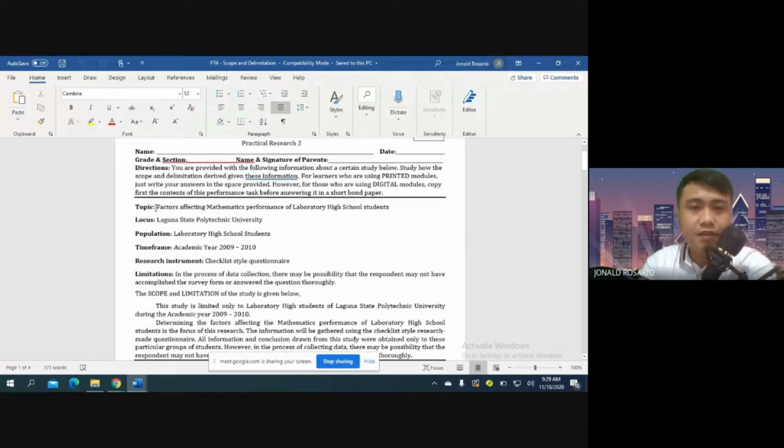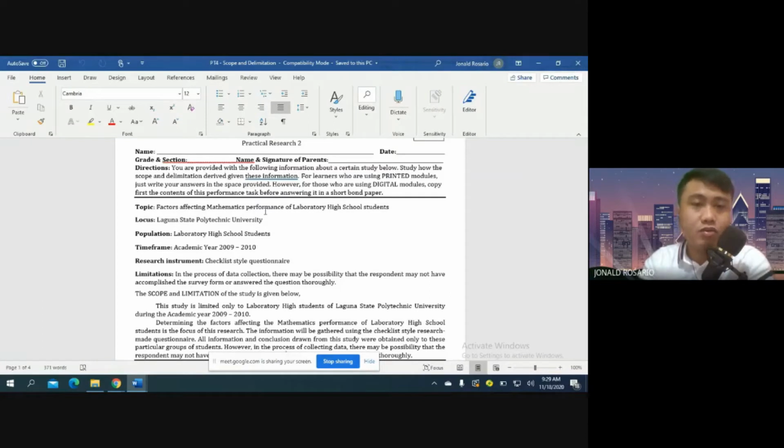So, example, ang topic is factors affecting mathematics performance of laboratory high school students. Okay? Ang locus, ang ibig sabihin ng locus, kung saan natin ikakandak yung study.